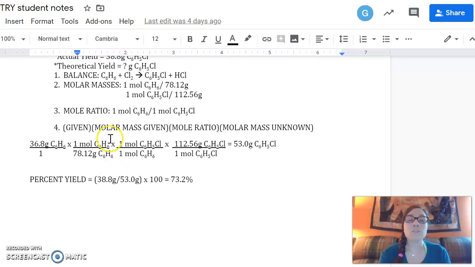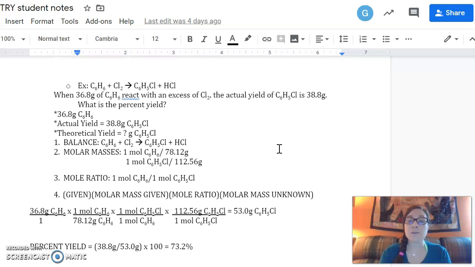Then we multiply that by our mole ratio step, and that comes from our balanced equation. And then finally, we go back to grams using the molar mass of our product this time, C6H5Cl. And so we end up with 53 grams of the product. Now, back in the original problem, it says that we actually yielded 38.8 grams.